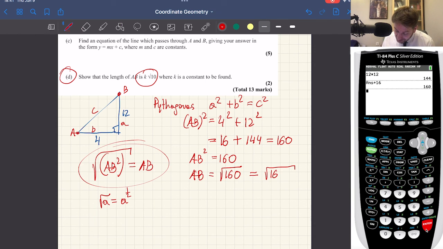And here the best one is 16. 16 times 10 is obviously 160, and that simplifies into root 16 times root 10. We can break them down like that. And this is 4, and this is root 10. And therefore, K is 4, and it is a constant. 2 marks.